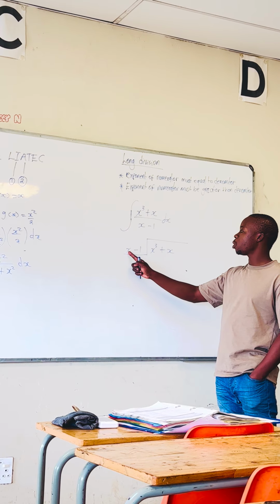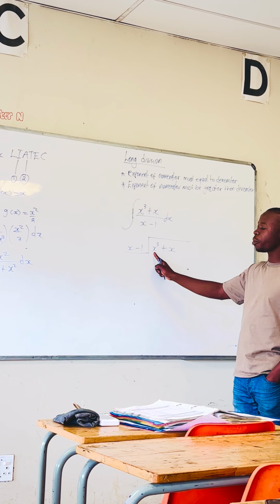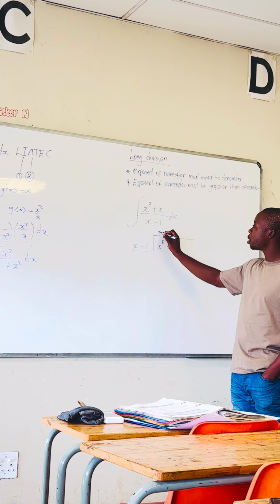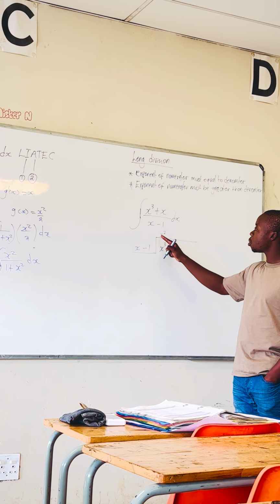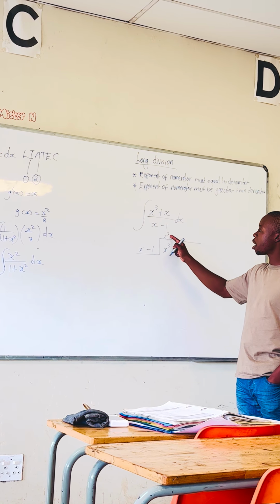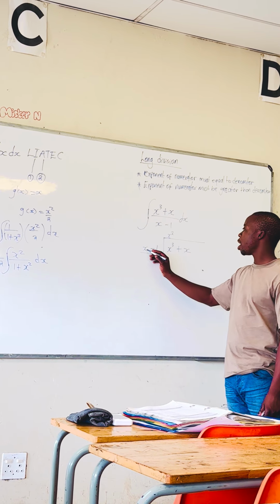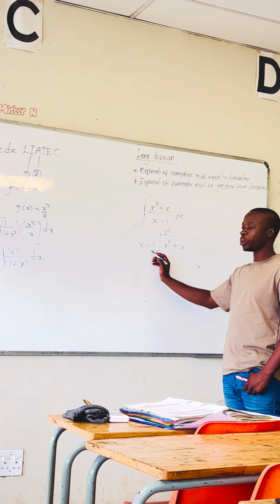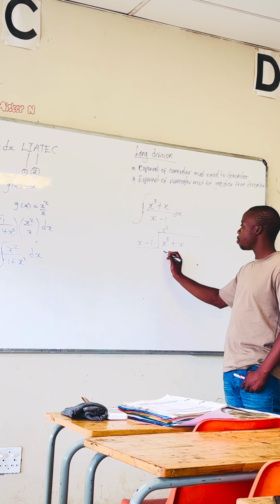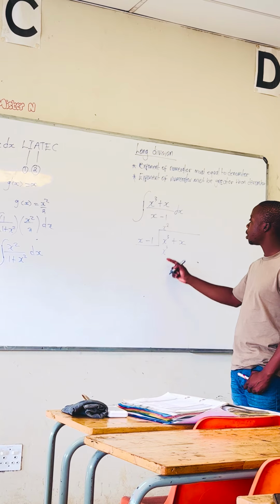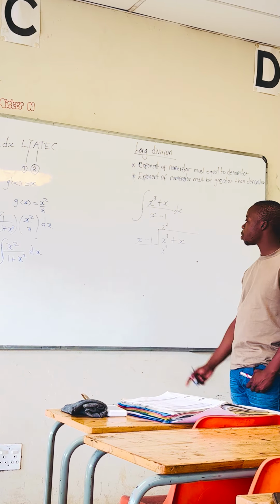First of all, we divide the first term by the first term. So when we divide, we have what? X squared. After dividing, we take x squared and multiply it by the two terms. So this gives what? X cubed. And this gives us what?